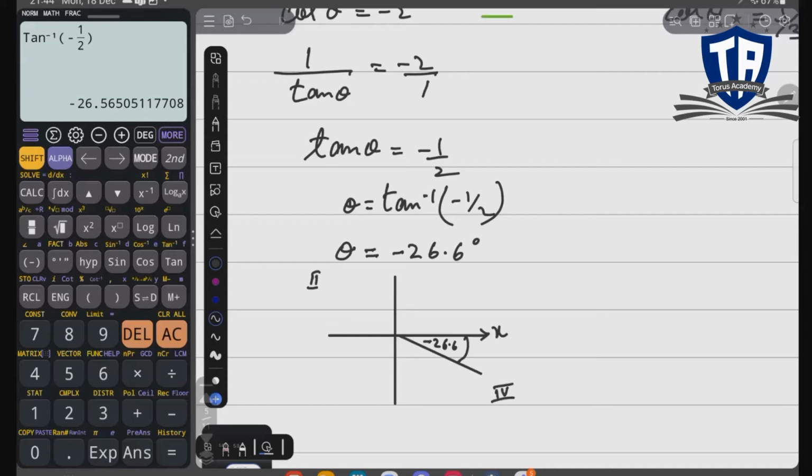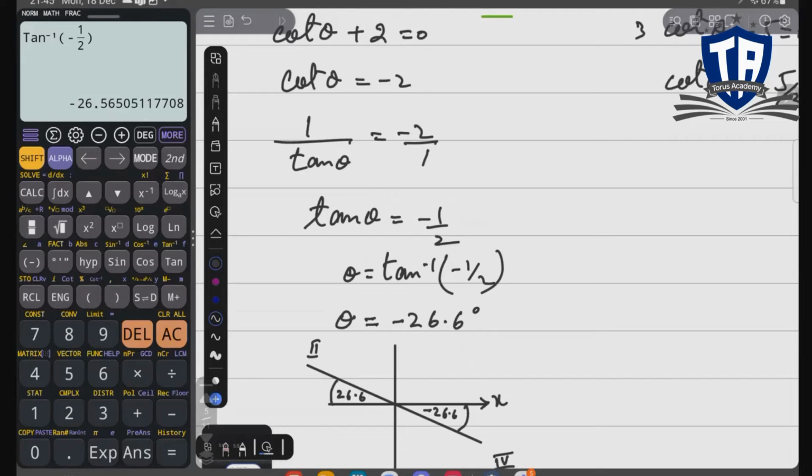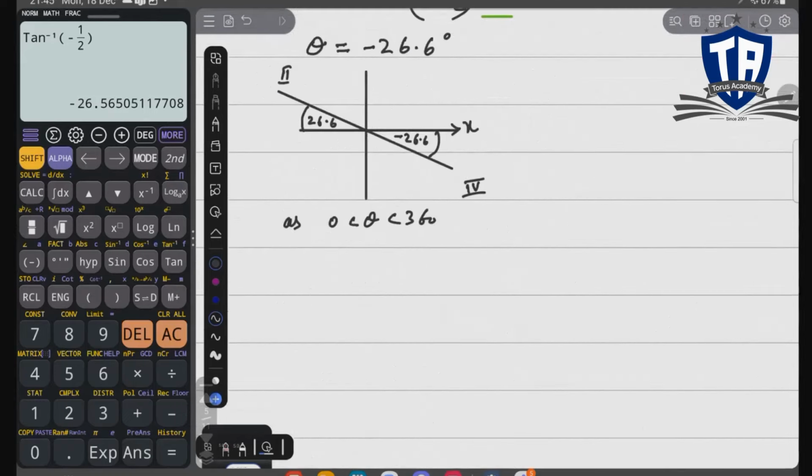As our first angle is lying in the fourth quadrant, our second option would be in the second quadrant. As the domain is lying between 0 and 360, let's see the domain again, less than or equal to this one. Our angle would be, one angle is this one, the other angle would be this one.